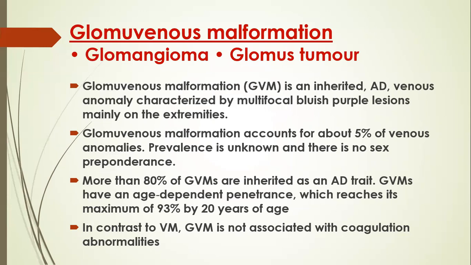More than 80% of glomovenous malformations are inherited as an autosomal dominant trait. They have an age-dependent penetrance, reaching its maximum of 93% at the age of 20 years. In contrast to the venous malformation, GVM is not associated with coagulation abnormalities.